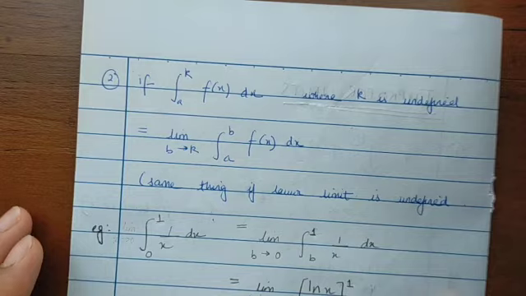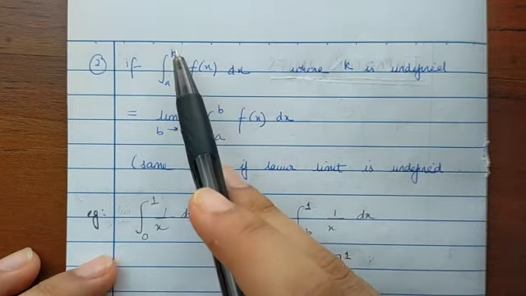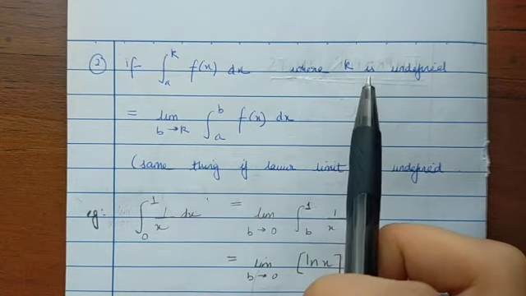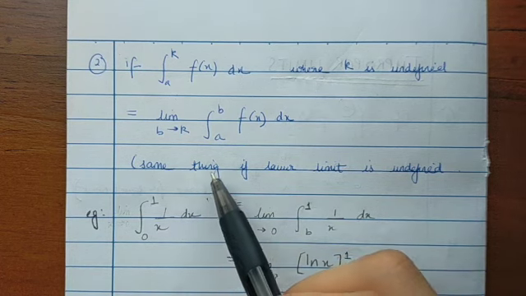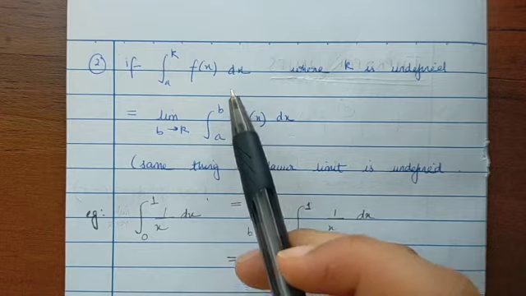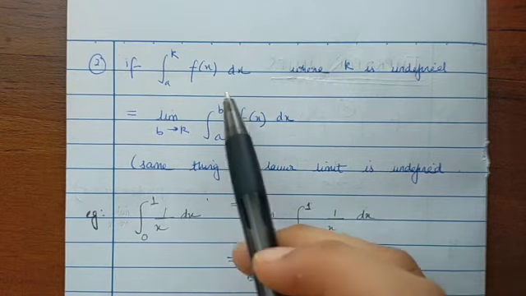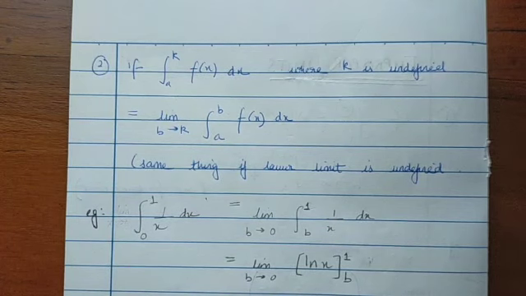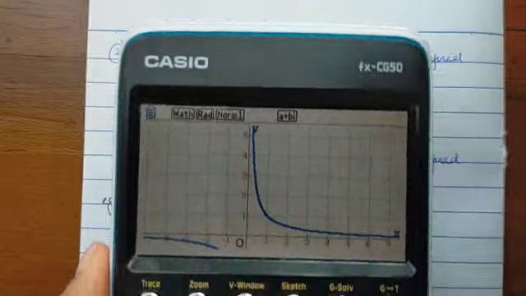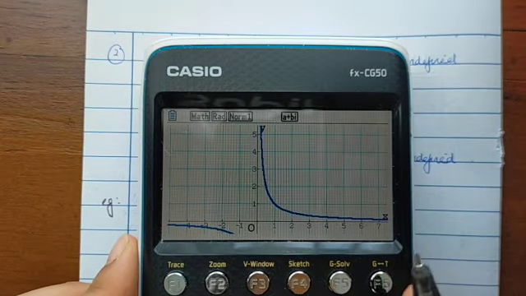Now another improper integral is if you have k, but where k is undefined. So we have a limit where the upper limit is undefined. So we have a function where the upper limit is undefined. So now let's look at a function that does this, which is 1 over x.